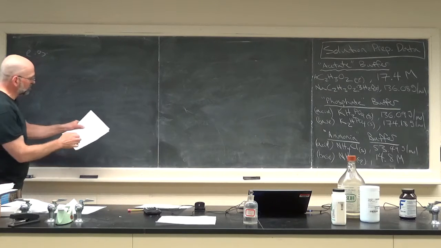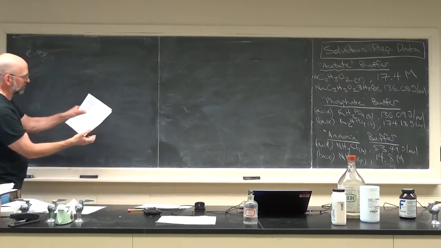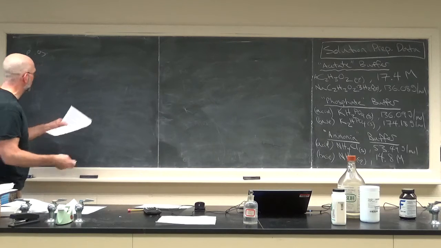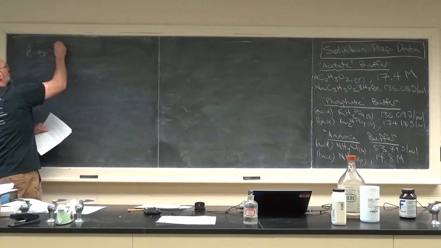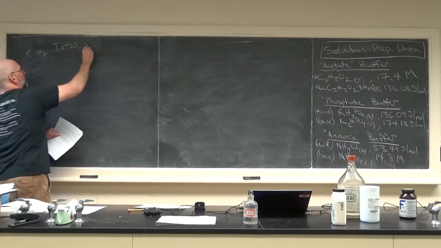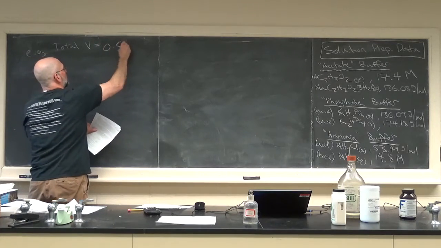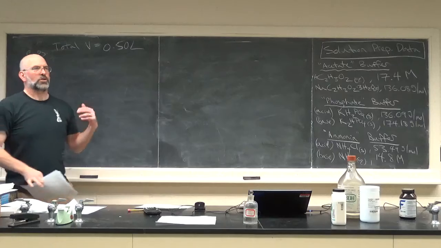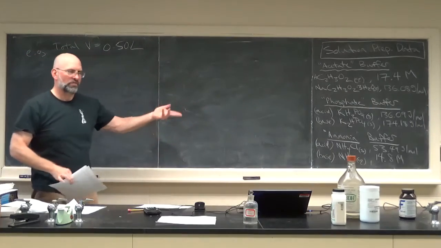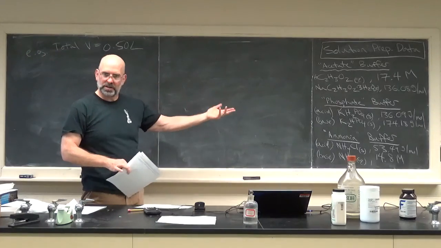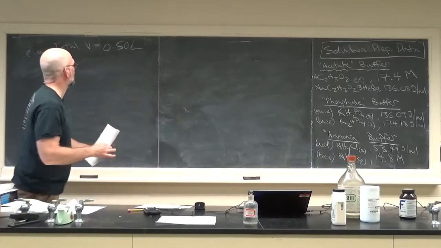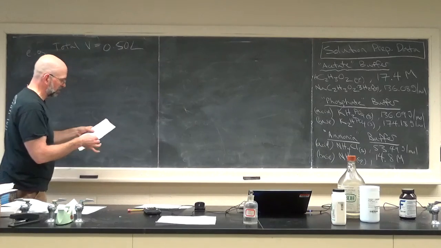I'm on paragraph 3. If the researcher needs, so you're making a total volume of half a liter. Again, you're going to do either 150 milliliters, 0.15, or 200 milliliters, 0.2 for yours. So this is just an example.